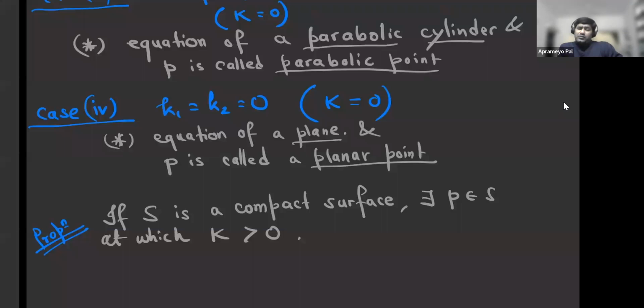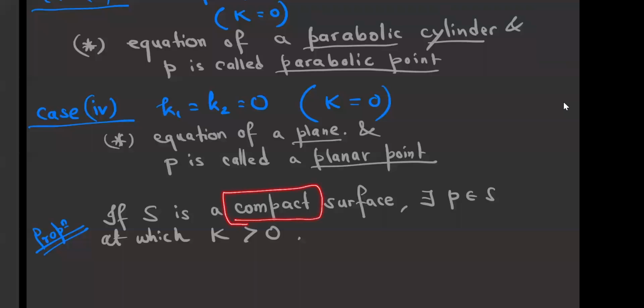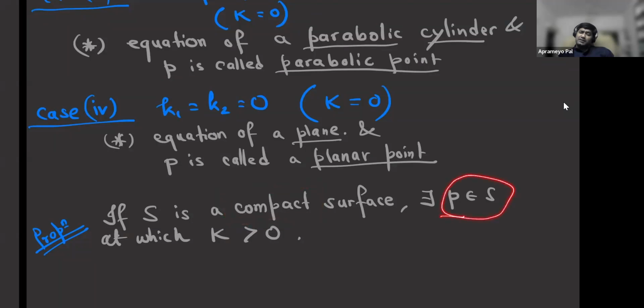So if you take a compact surface, you can always find a point P in S at which the Gaussian curvature is positive.